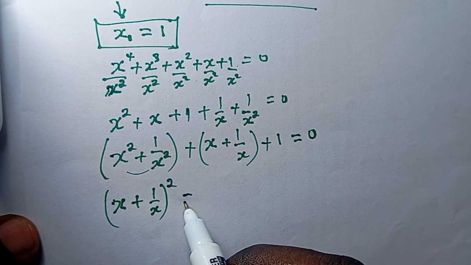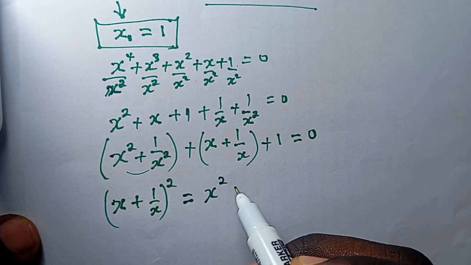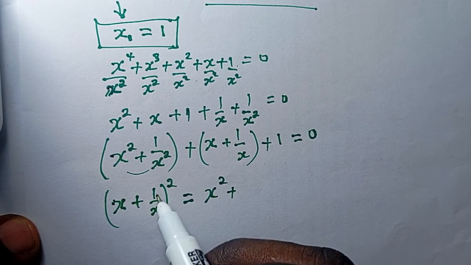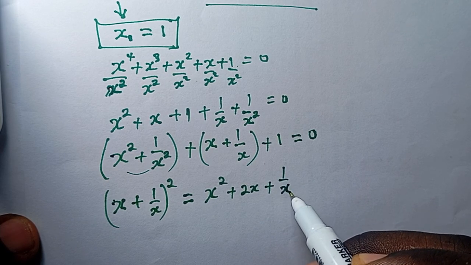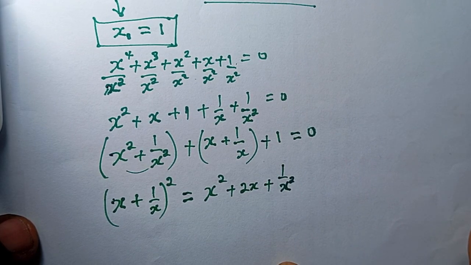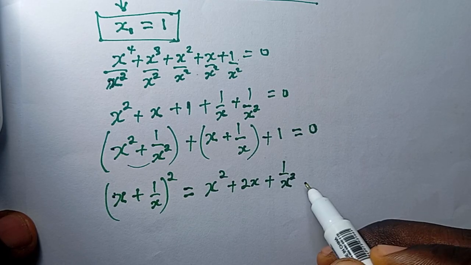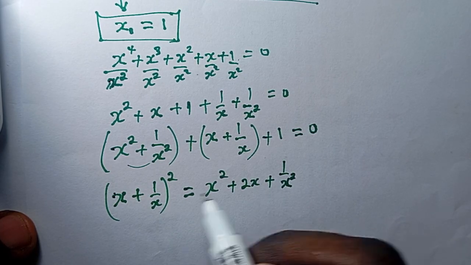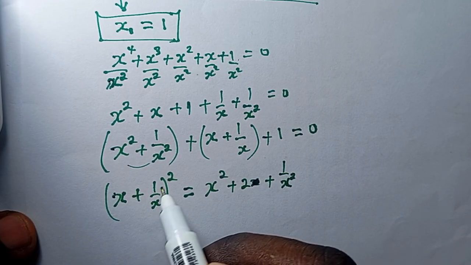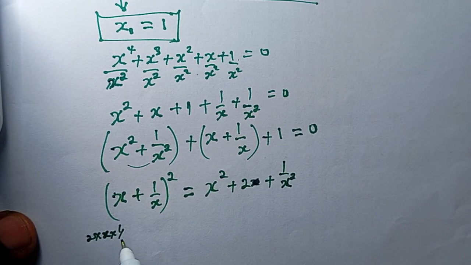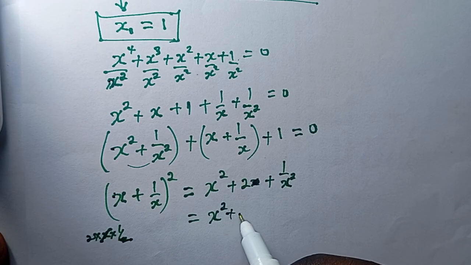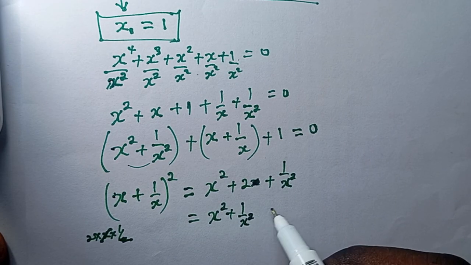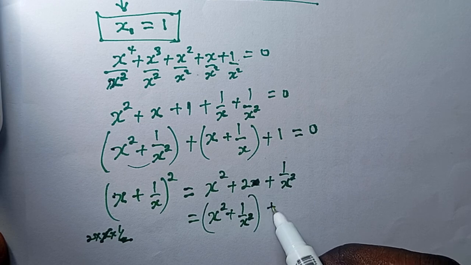And when you expand this expression, you'll be having x squared plus 2 times x times 1 over x, plus 1 over x power 2, which is 1 over x squared. Sorry, there's no x here, because of course when you have 2 times x times 1 over x, this is actually going to cancel, so we only have 2 here, so that eventually this is x power 2 plus 1 over x power 2, and then plus 2.